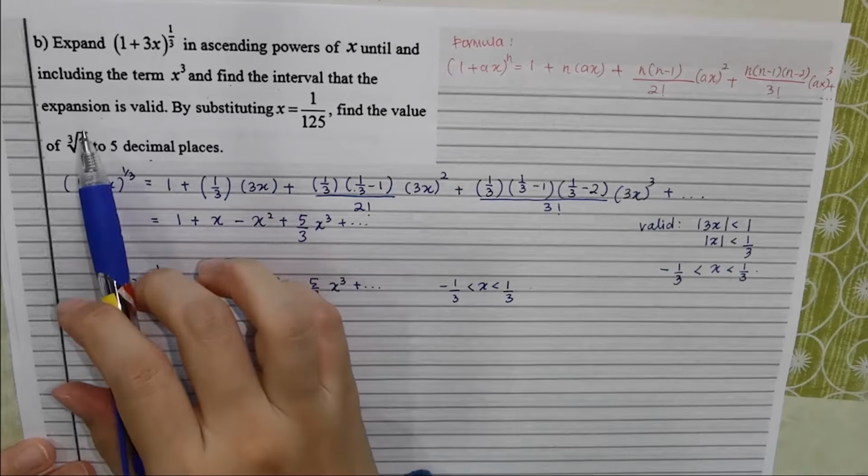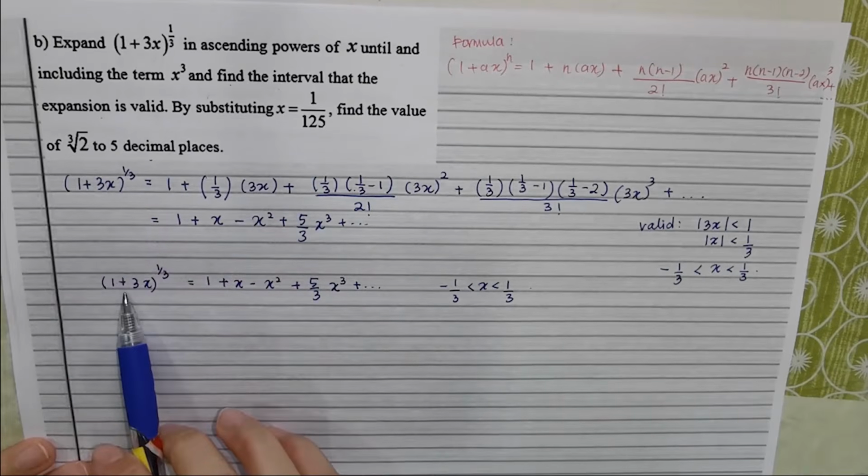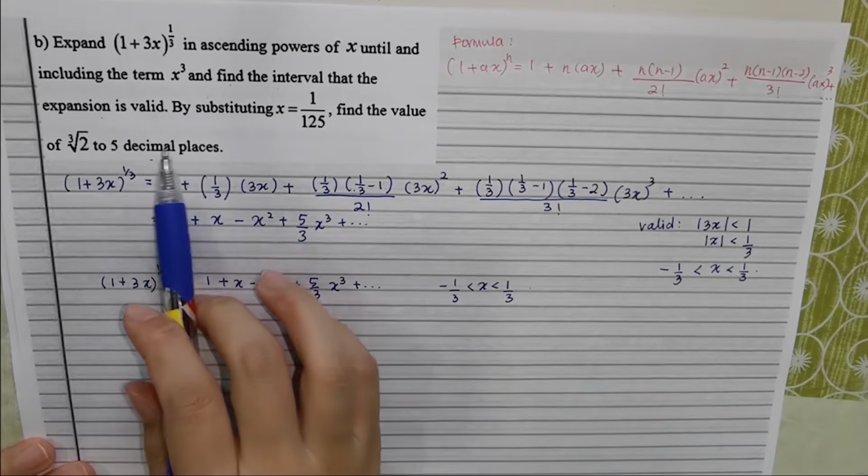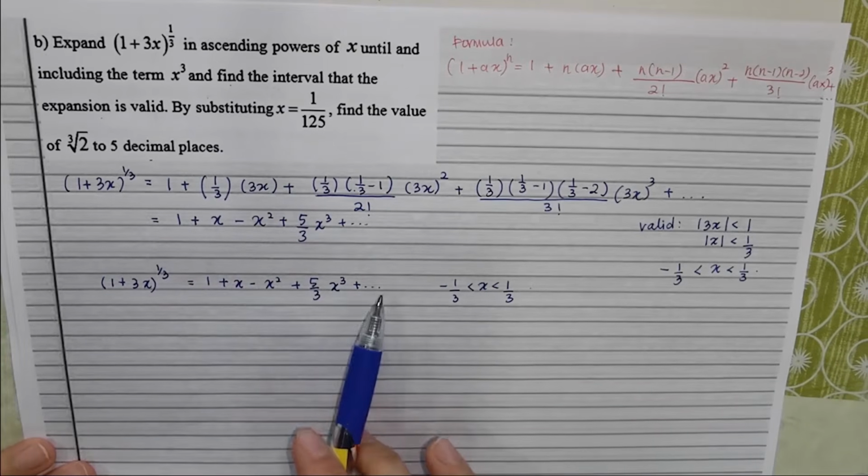So now we get this value from the left hand side, and then we will get the answer in 5 decimal places from the right hand side.